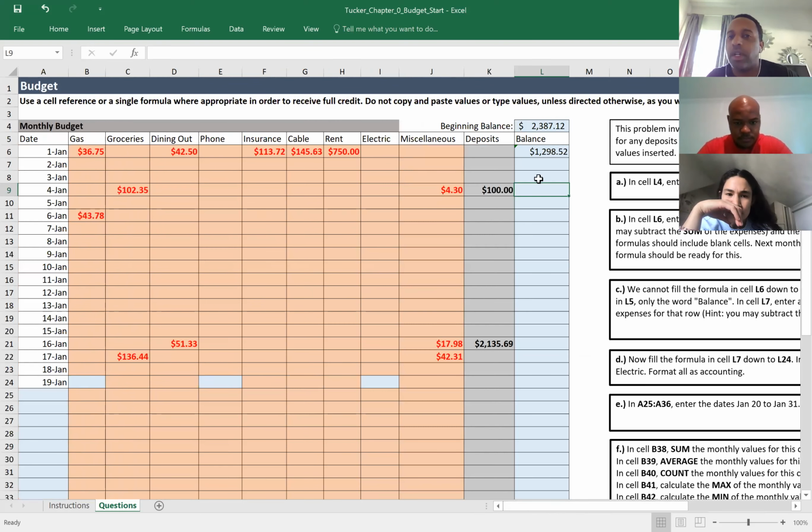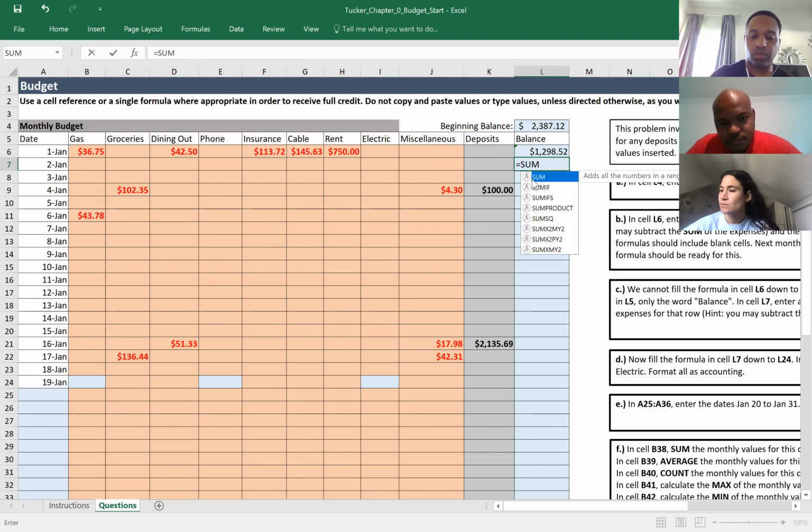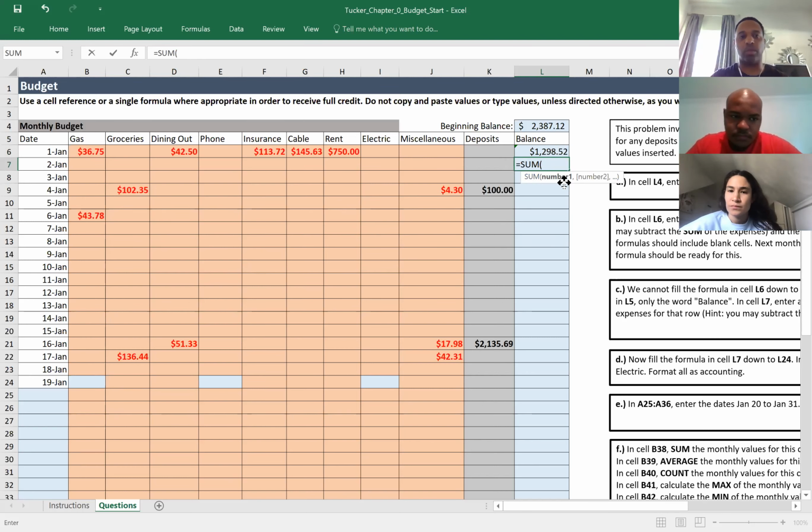I already knew how to use the sum. If you want to do the sum of anything, you have to start off with the equal sign, and then you can start typing sum. Then use parentheses, and whatever rows, from what row to what row that you want to add.